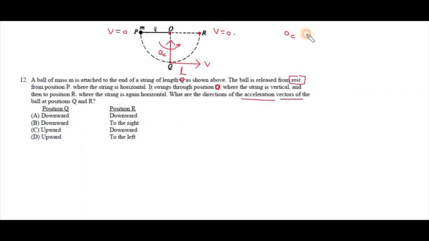We know the centripetal acceleration expression is v squared by r. If there is no velocity, there is no centripetal acceleration. Since the object has mass m, it will have only gravitational acceleration in the downward direction, that is g.